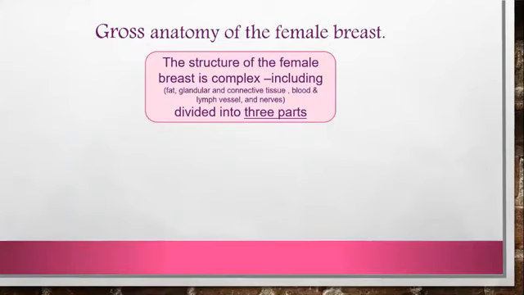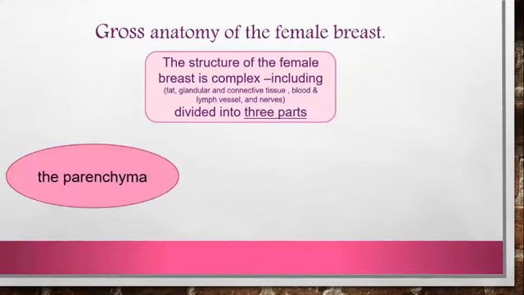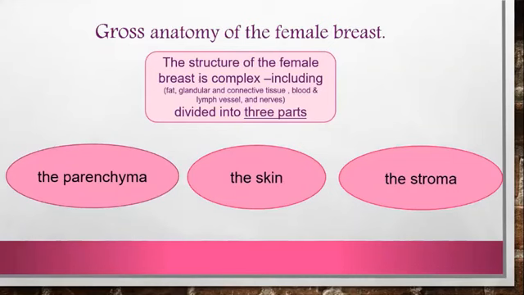Considering the gross anatomy of the breast, as we talked before, the breast is usually a complex structure, and its component is also complex. It contains, as we mentioned, glandular tissue, connective tissue, blood vessels, nerves, but we are trying to simplify these and divide it into 3 parts to talk about each part separately: parenchyma, stroma, and the skin.